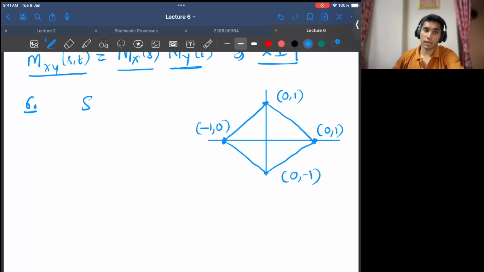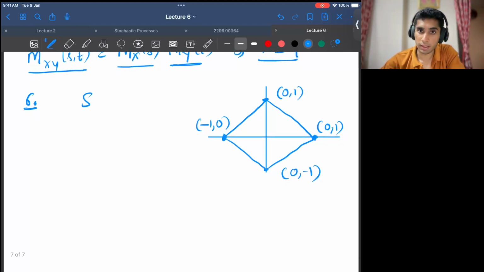Okay, and it is given to you that it is raining on this square.